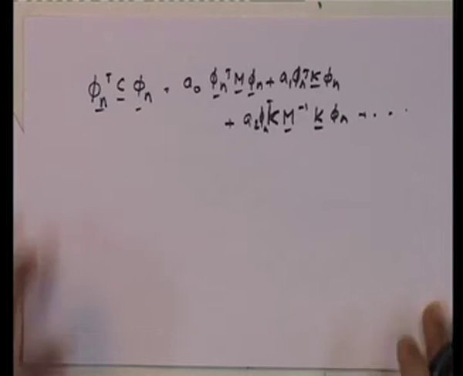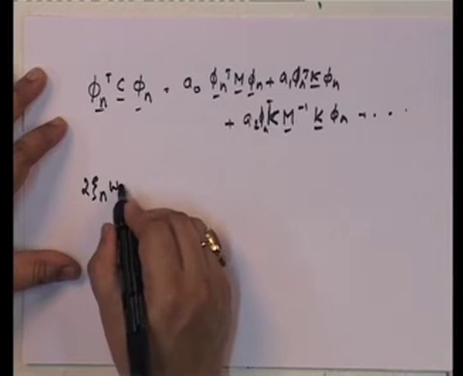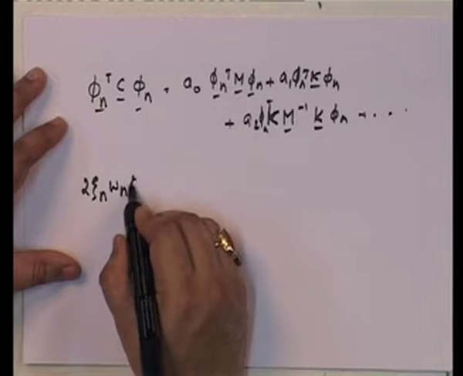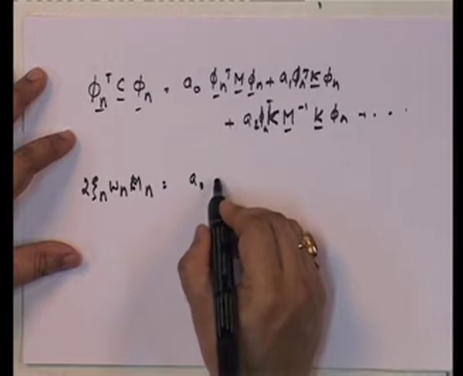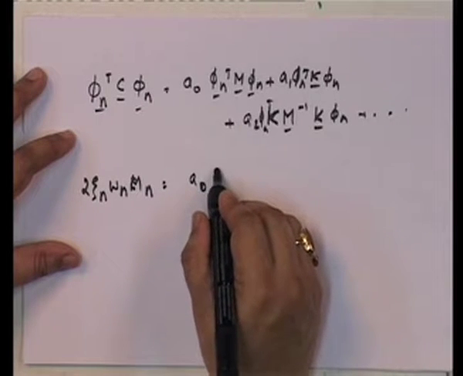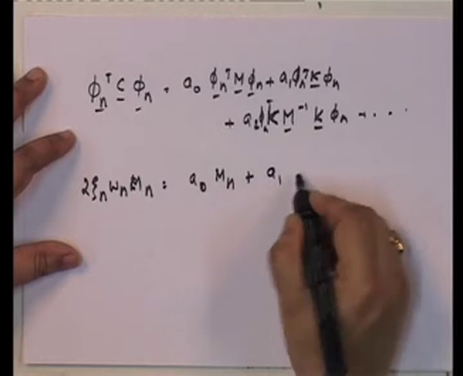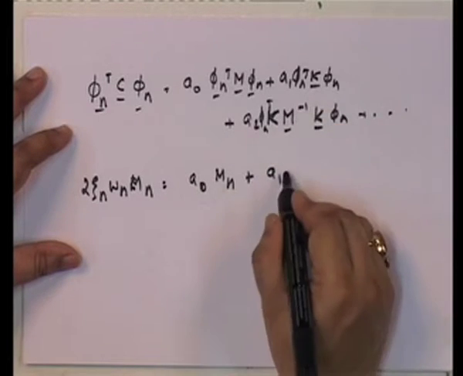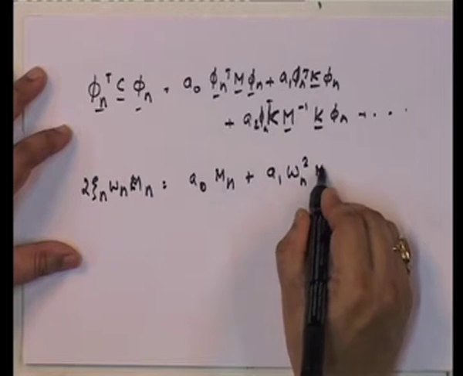Okay. So, what does this become? This becomes 2 xi n omega n mn is equal to A0 mn plus A1. This I know is omega n squared mn.